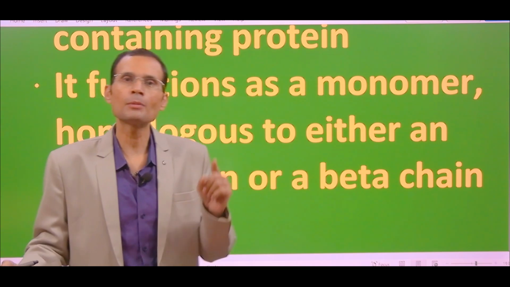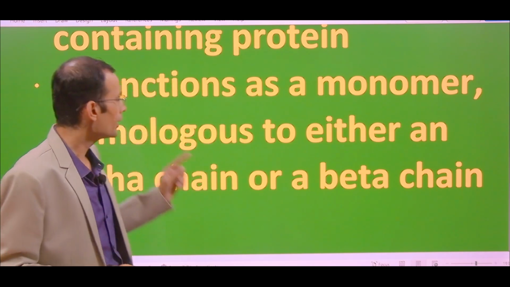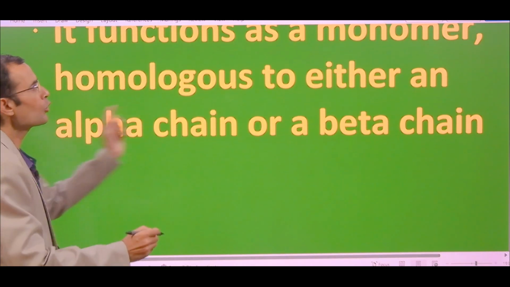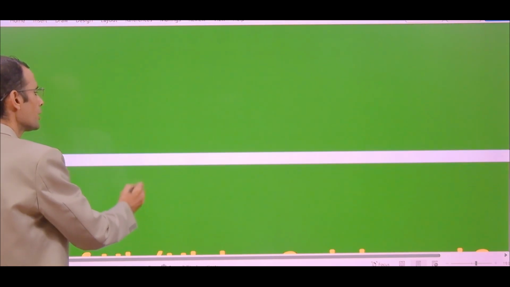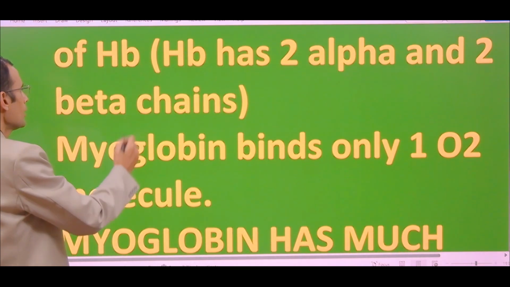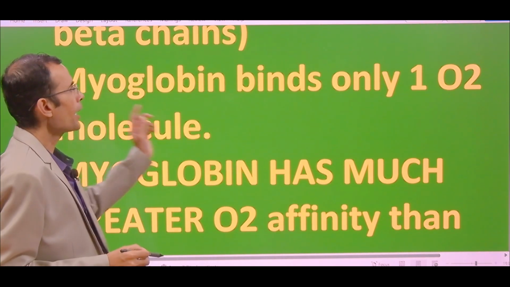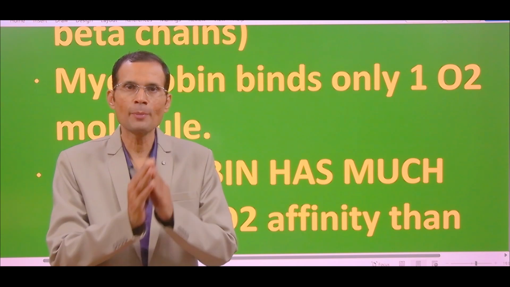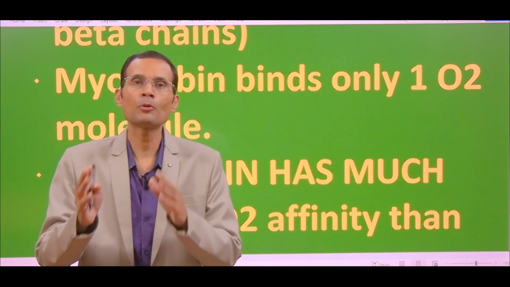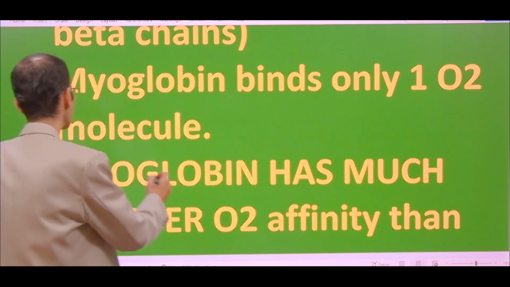Myoglobin is a monomer and homologous to either an alpha chain or a beta chain of the hemoglobin. Right, and therefore myoglobin binds only one oxygen molecule. One molecule of myoglobin takes up only one oxygen molecule.